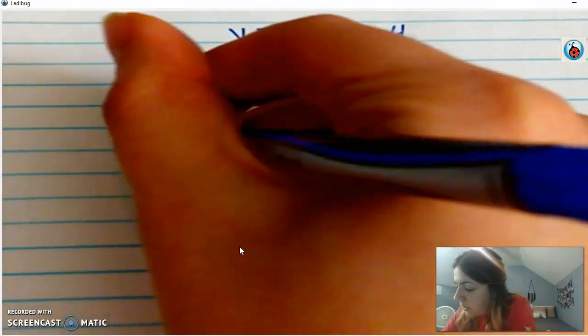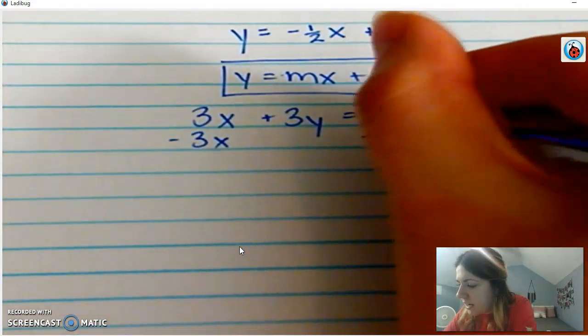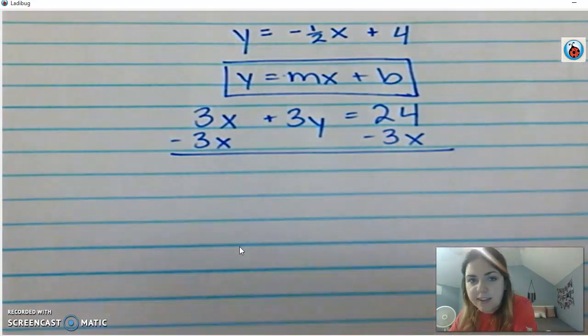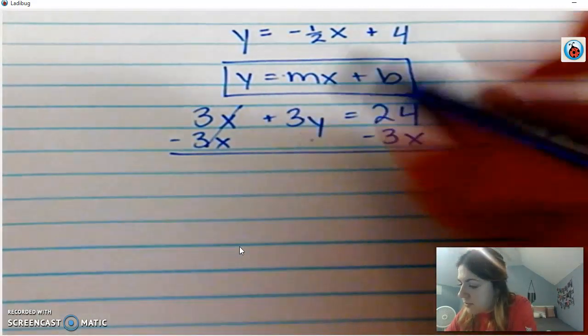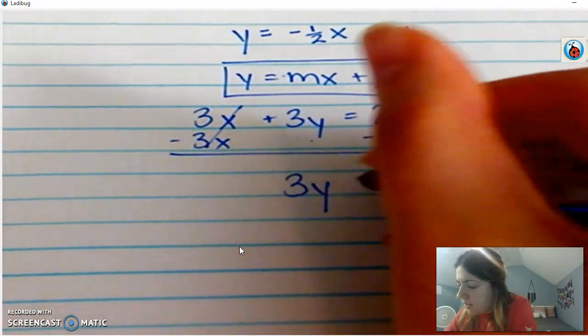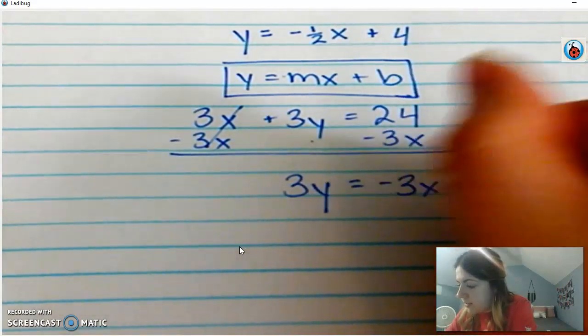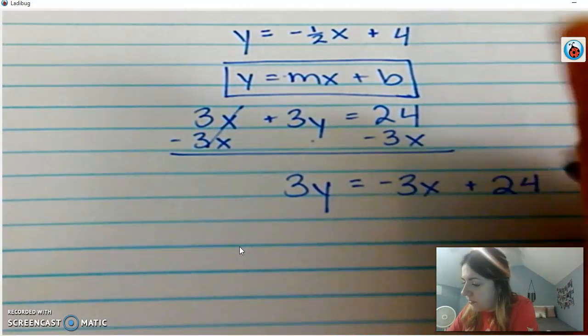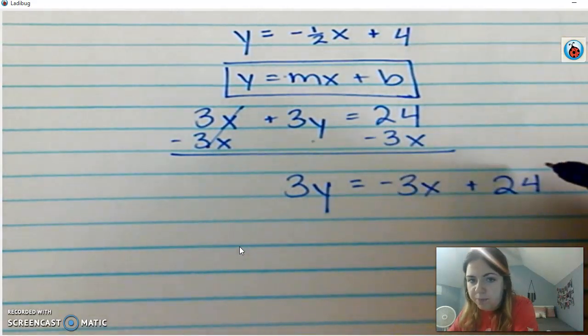So first thing, we are going to move the x. That x is positive, so I'm subtracting 3x from both sides. Those disappear. This leaves me with 3y equals negative 3x plus 24. So I just brought all that down and wrote it out.